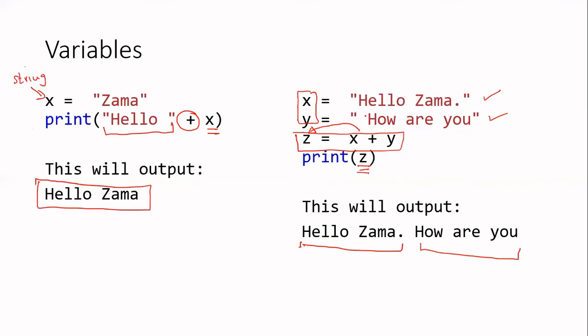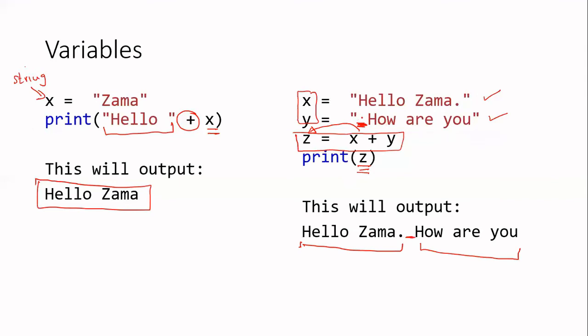Also take note that there was a space that was left in the y before how are you was put into the string. So when it's going to be displayed, there will be that space before it displays how are you.